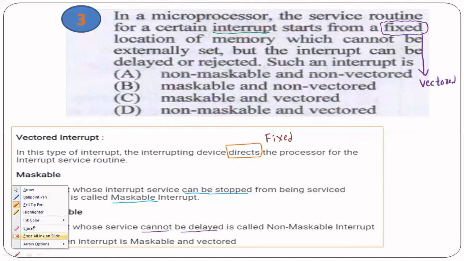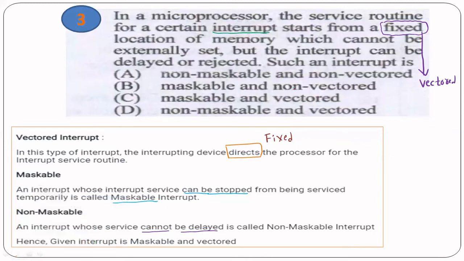Along with that, look at the other part of the question: it cannot be externally set, but the interrupt can be delayed or rejected.